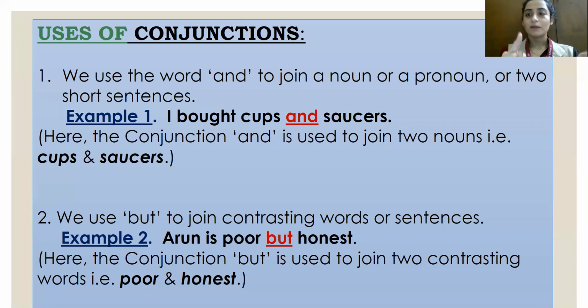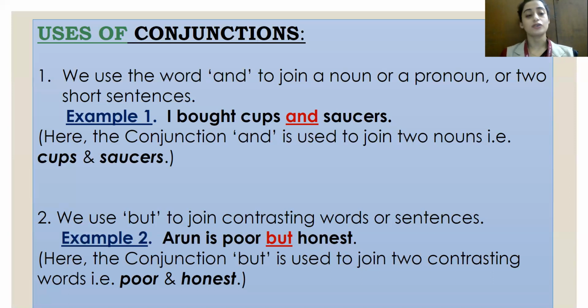Cups and saucers. They are things. What is a noun? A noun is the name of a person, place, animal, or thing. So here we have joined cups and saucers using the conjunction and. That's how we put it into use here.